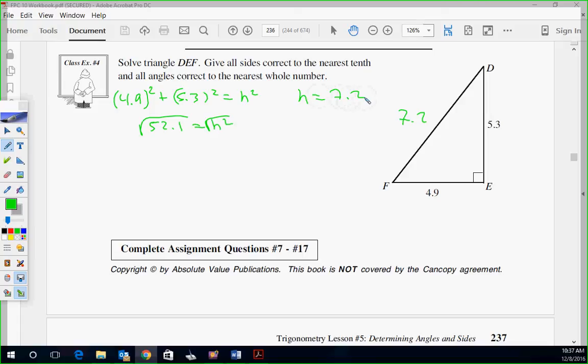What'd you do next? Then I did angle F. I did opposite over adjacent, tan. Okay, so you did tan of angle F equals 5.3 over 4.9. Okay, good.